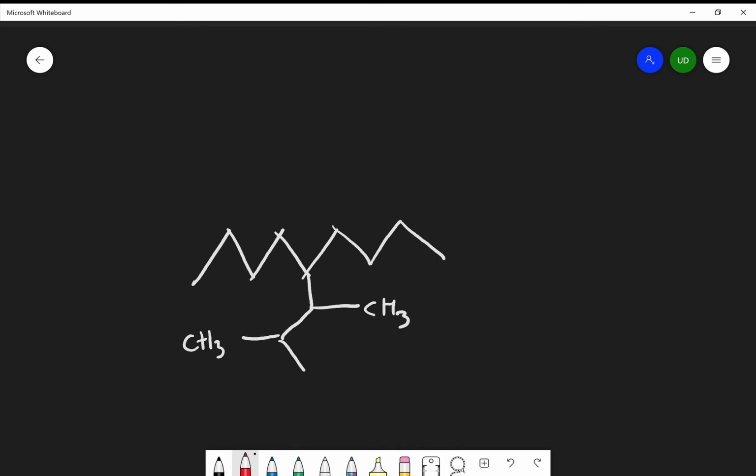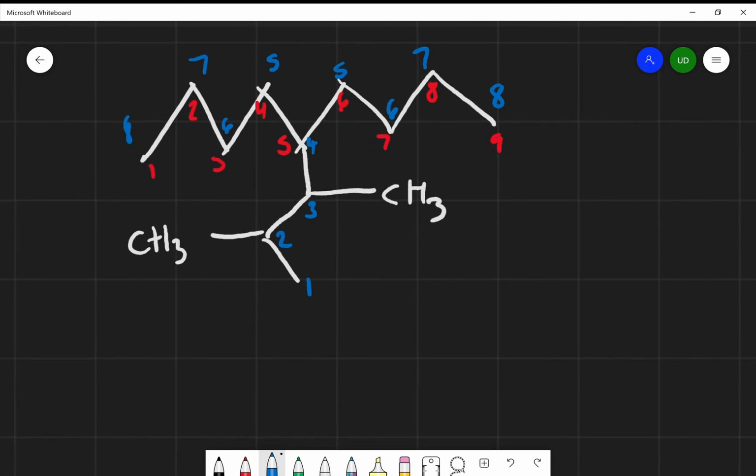So let's start from this direction. 2, 3, 4, 5, 6, 7, 8, 9. Let's start by doing this other direction. 1, 2, 3, 4, 5, 6, 7, 8. So in doing so, well, let's see, 5, 6, 7, 8. So we have to use the red one, because that is our longest carbon chain.